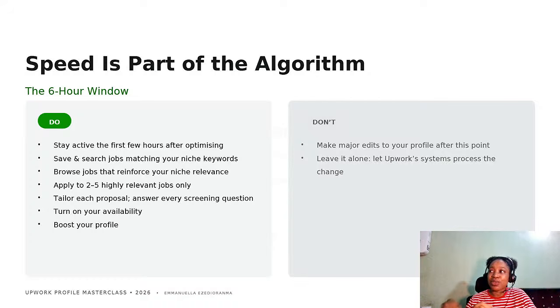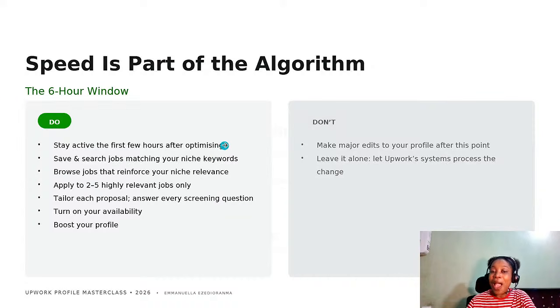Try to do one or two activities just so that Upwork will know that your profile is active. Now, for someone that just finished optimizing, remember that maybe the services you were selling before are now different from what you are trying to position for. And you want the Upwork AI to notice that there is something that changed. So what do you do? You stay active.